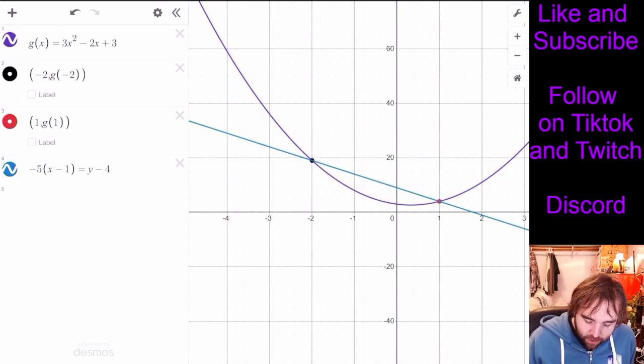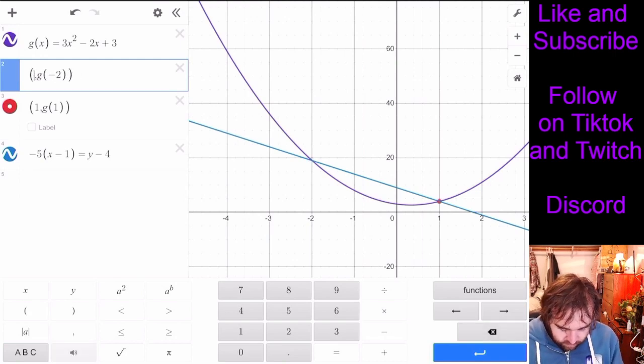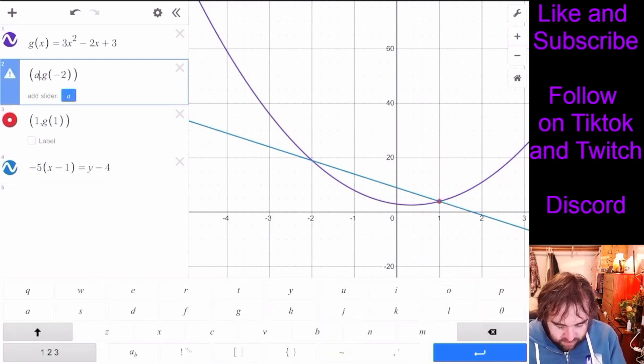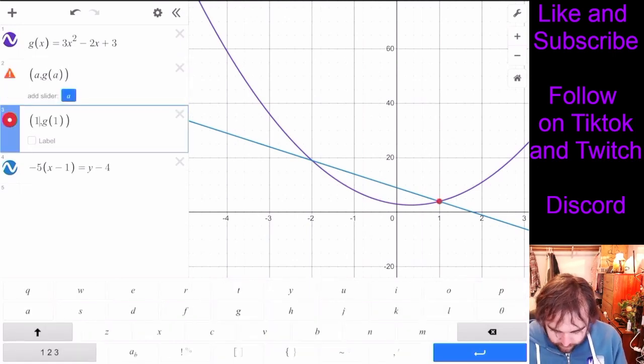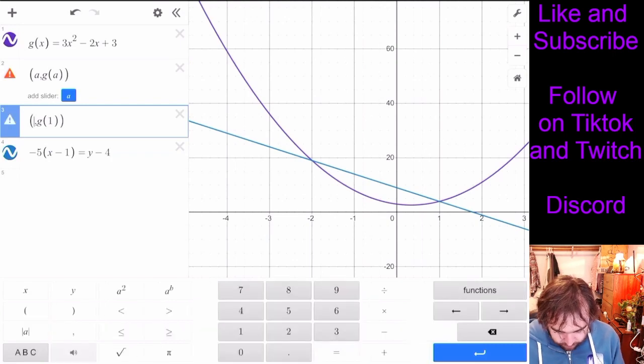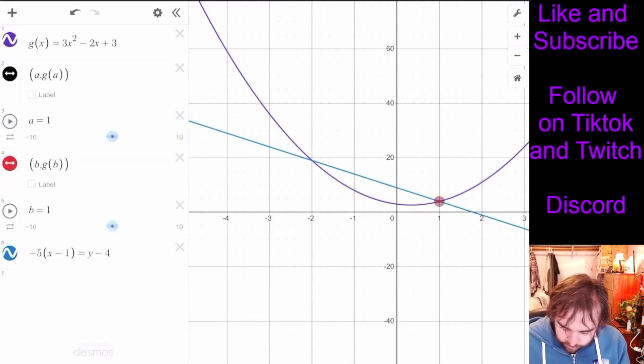So let's start out, and this is a good example here too. Instead of doing this between 2 specific numbers, it's actually going to be really easy. We're just going to make it so you can move it around. So we're going to have a and g of a, and then we're going to have b and g of b. And then we're going to add sliders for those, and we can actually even drag around the points.